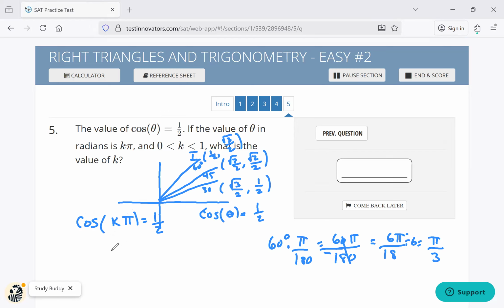So all you got to do is set k pi equals pi over 3. And then you'll solve for k. So get rid of this pi by dividing both sides by pi or multiplying by 1 over pi. So the pi's cancel, so you're left with k equals 1/3. That's true, right? 1/3 is technically less than 1 and greater than 0, so that's how you get 1/3.